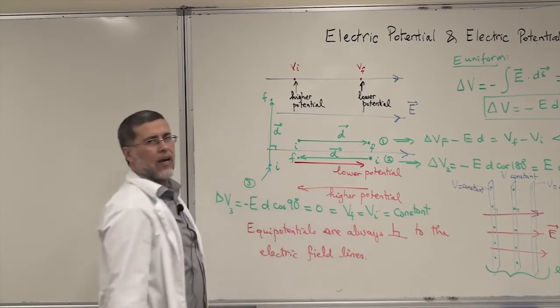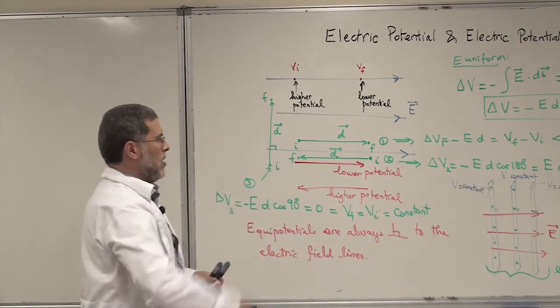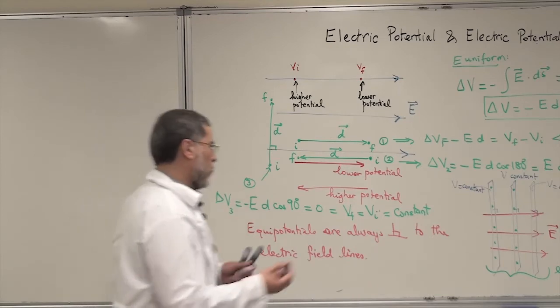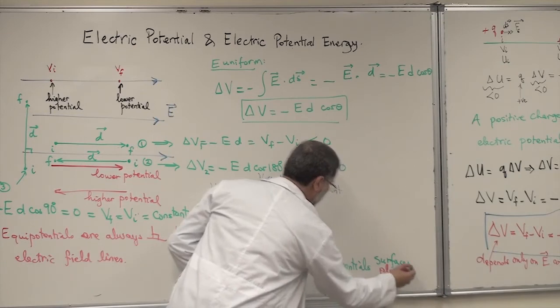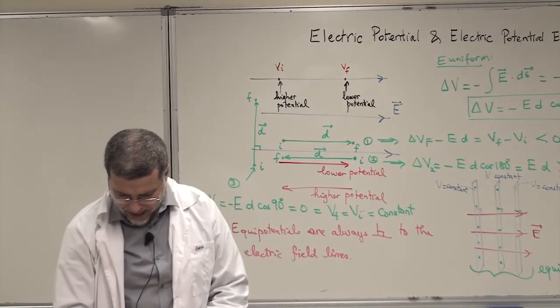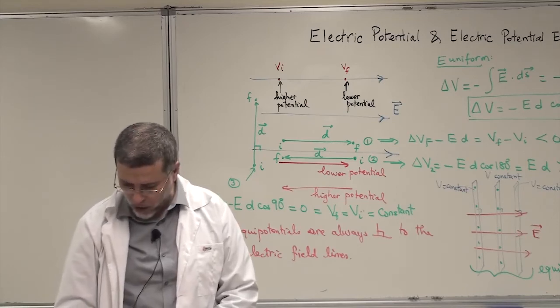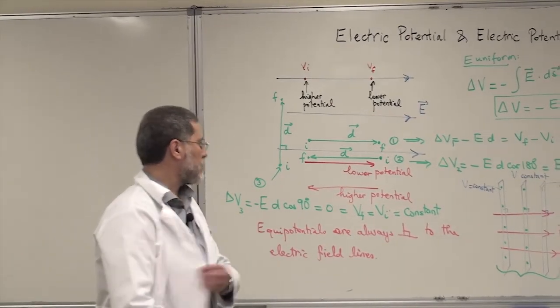Here, the electric field lines are parallel lines, so the equipotentials have to be parallel planes or surfaces, the same thing, okay? Now, be careful, along that plane, the potential is constant.